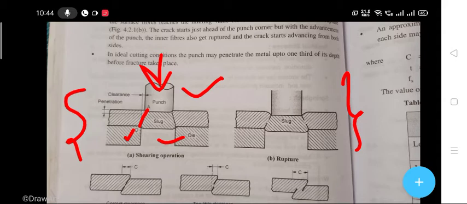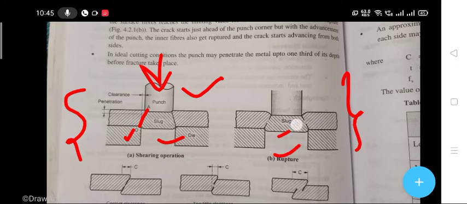Then as the punch descends further, this local deformation increases, and when the local strain in the surface fibers reaches the limiting value for the work material, the fibers rupture. This condition is rupture.